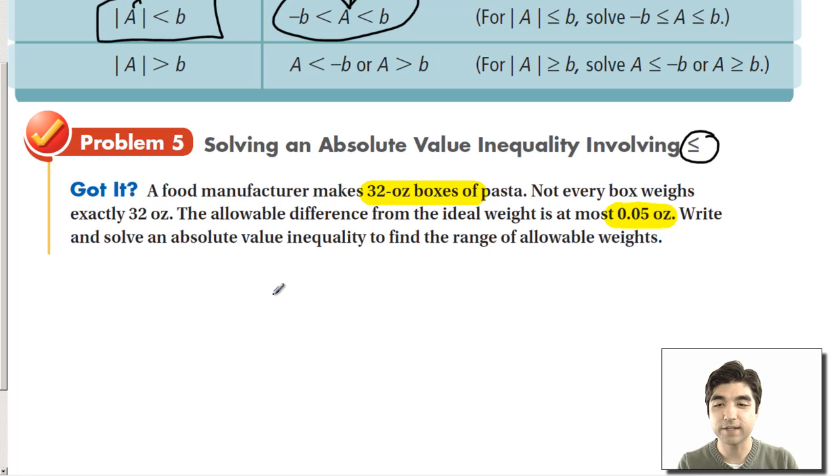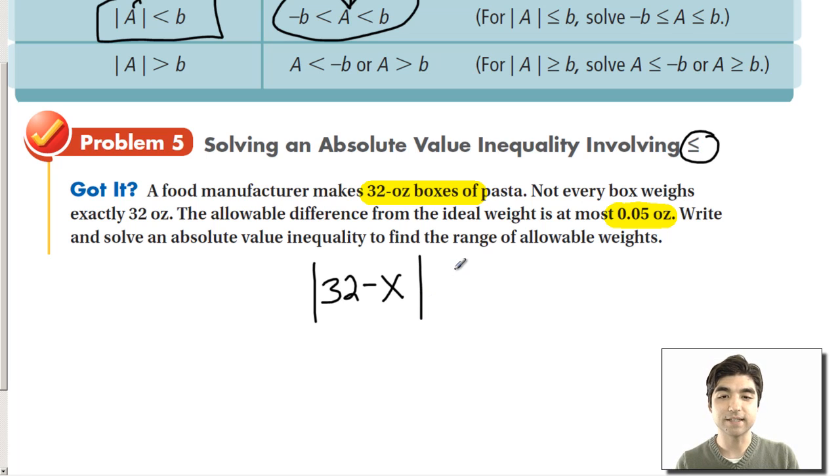Okay, so if I write the inequality, we have some value, let me think about this for a second. So if we have 32 minus some value x, that needs to be less than or equal to 0.05.